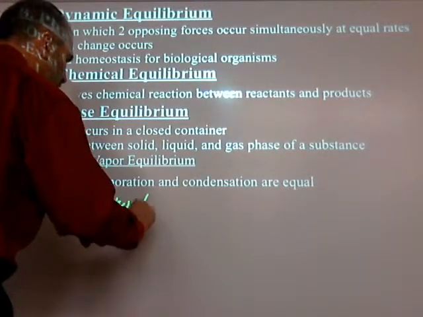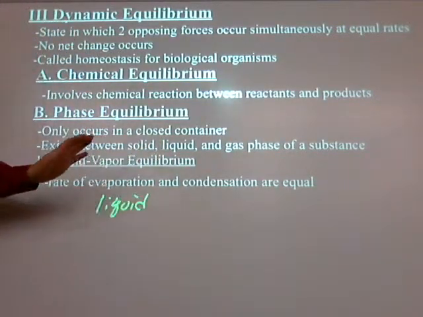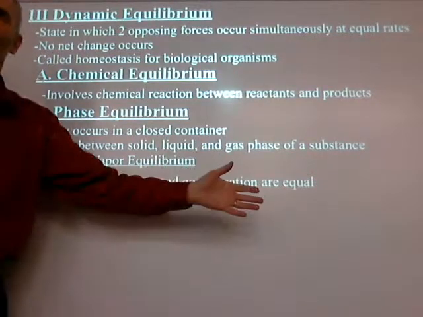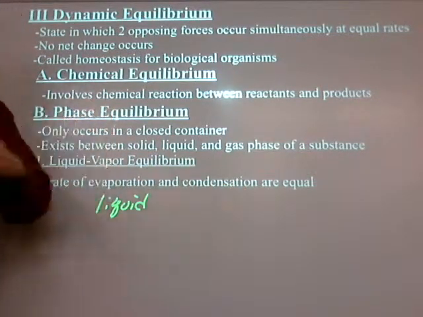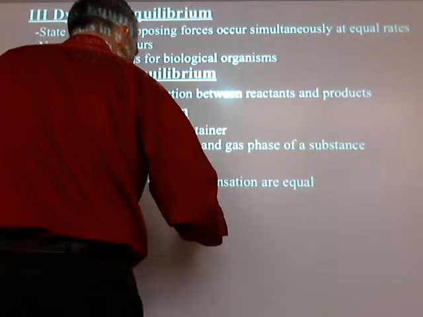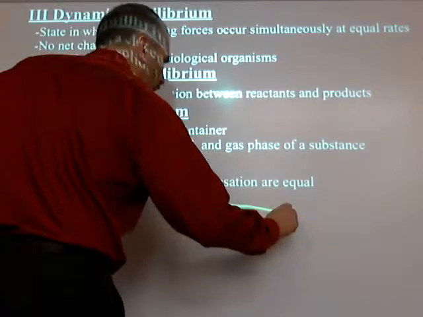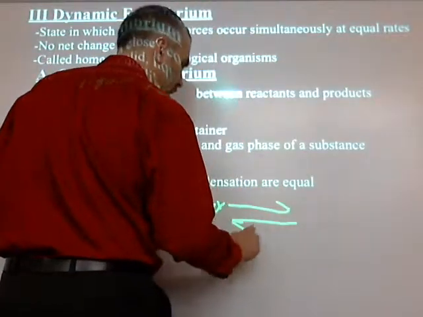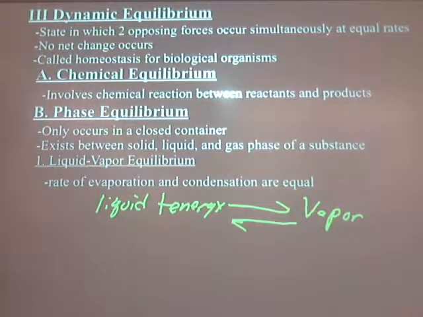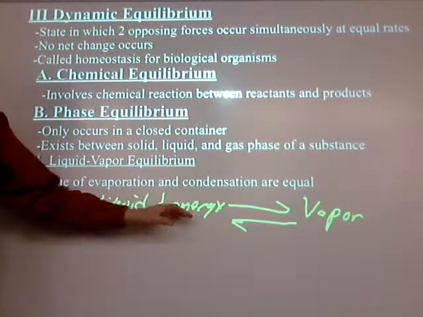Liquid is going to become a vapor. Now, in order for a liquid to become a vapor, what do we usually have to add to it? Yeah, energy, right. So write this equation down underneath. Liquid, you add energy to him, he becomes a vapor.